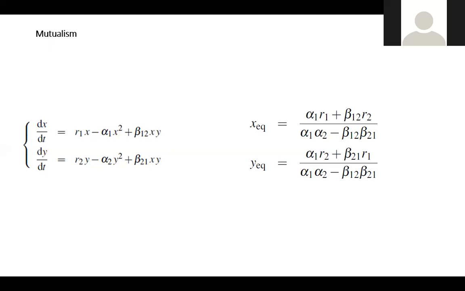Mutualism. Y equilibrium. Alpha 2. Okay, yeah, it should be. That obviously should be alpha 2 as well, which is written wrong.